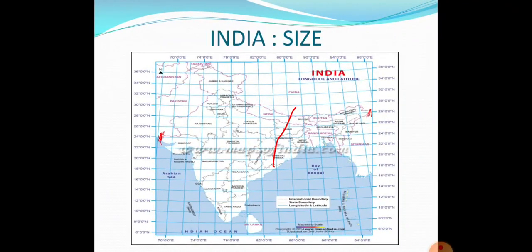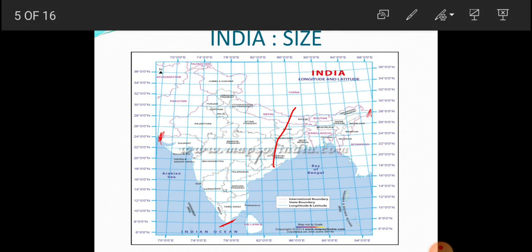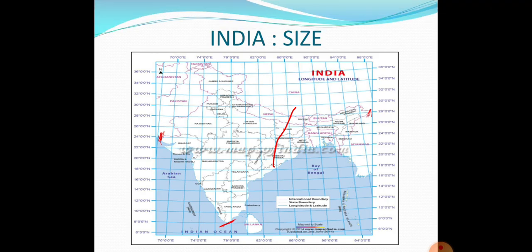And in the south, if you go 8.4 degree to 37.6 degree in the north. This is the longitudinal and latitudinal span of India.